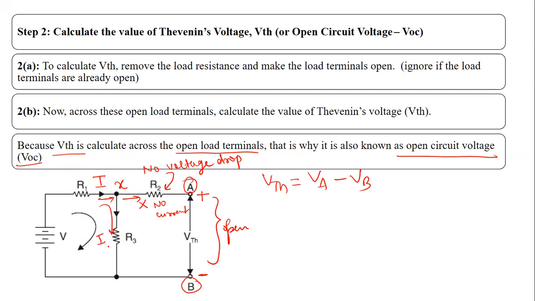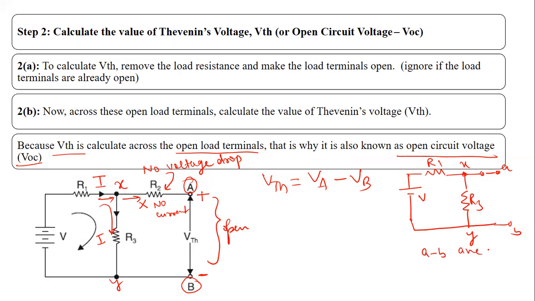So if we redraw this circuitry here, if we don't have any voltage here, we can consider this A and B terminal. Let us say this is Y here. So in this case, AB are the same as XY. So these are the same terminals.